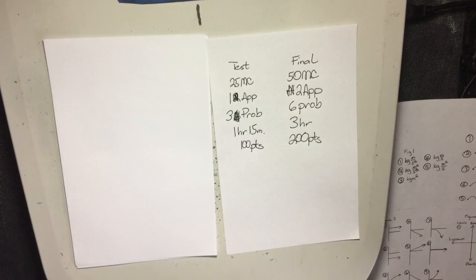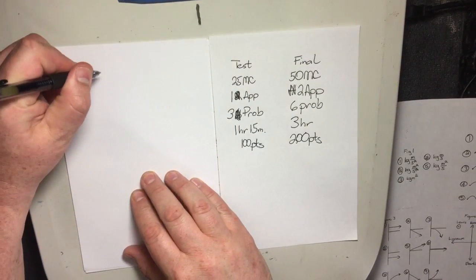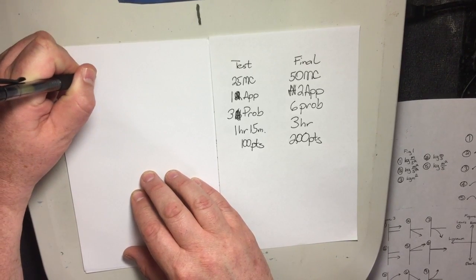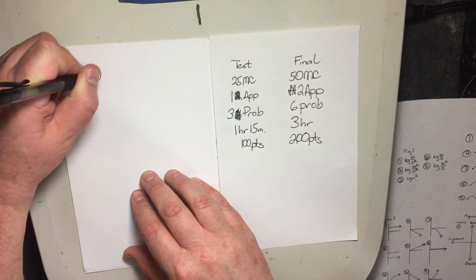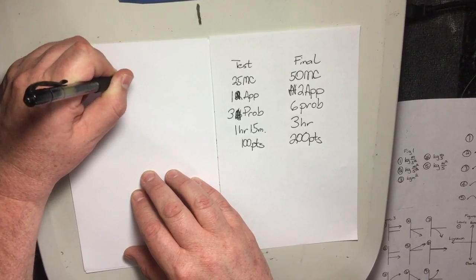What I'm going to do is sketch out an outline for things that I think are going to be on it. One is vector addition.